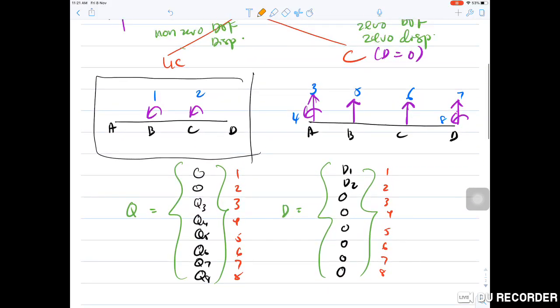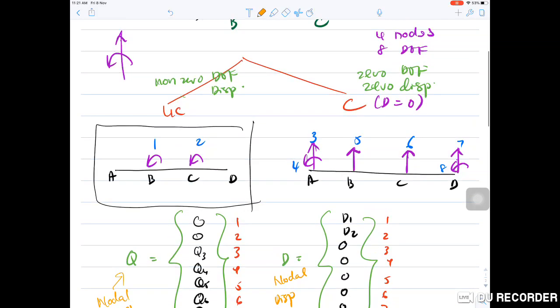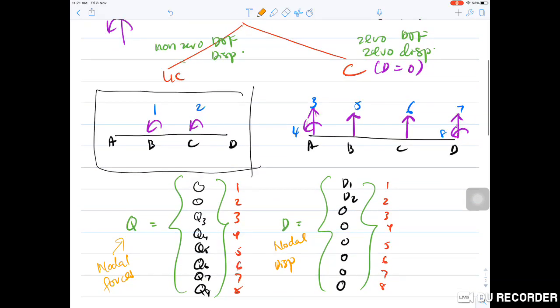Okay, so this is for nodal forces and nodal displacement. Nodal means node. So nodal forces means force that is directly subjected at nodes. Q1 means moment.